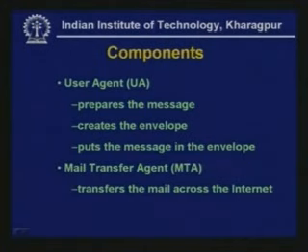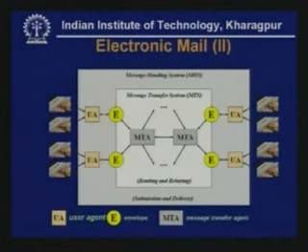So from the user agent, the envelope goes to the mail transfer agent, who transfers the mail across the internet. So you have these different machines which use the user agent to create the envelope, which is then sent to the mail transfer agent. Now it travels through the internet.